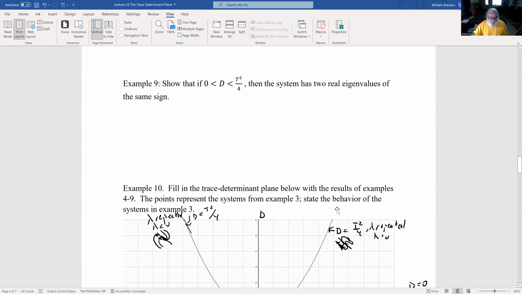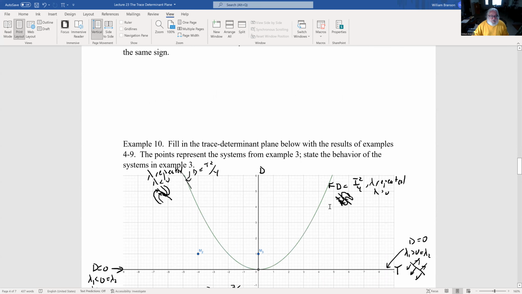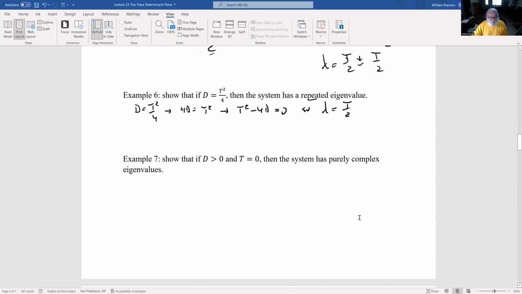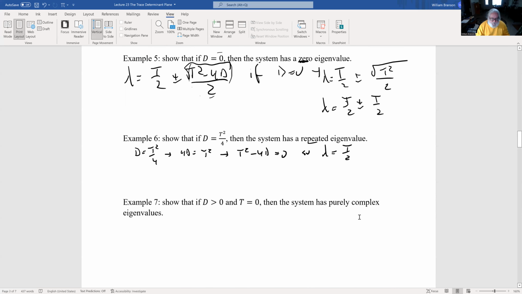Okay, so we've got one more section to do. Suppose d is greater than 0 and t equals 0. Well, if t equals 0, lambda equals plus or minus the square root of minus 4d, over 2, right? Because these t's are equal to 0.